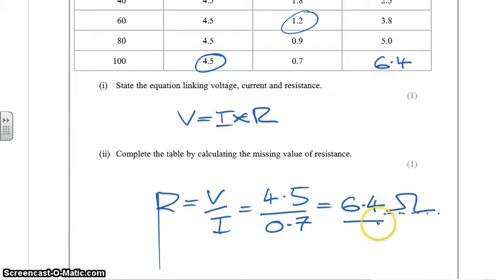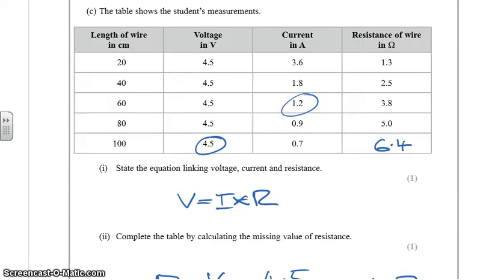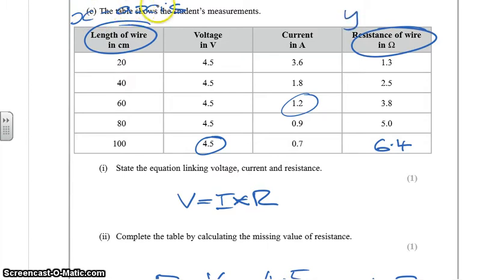The next part of the question asks us to plot this on a graph. Now we've already identified that the length is the independent variable, and that means that this has to go on the x-axis. And likewise, we also said that the resistance is the dependent variable, so this has to go onto the y-axis.